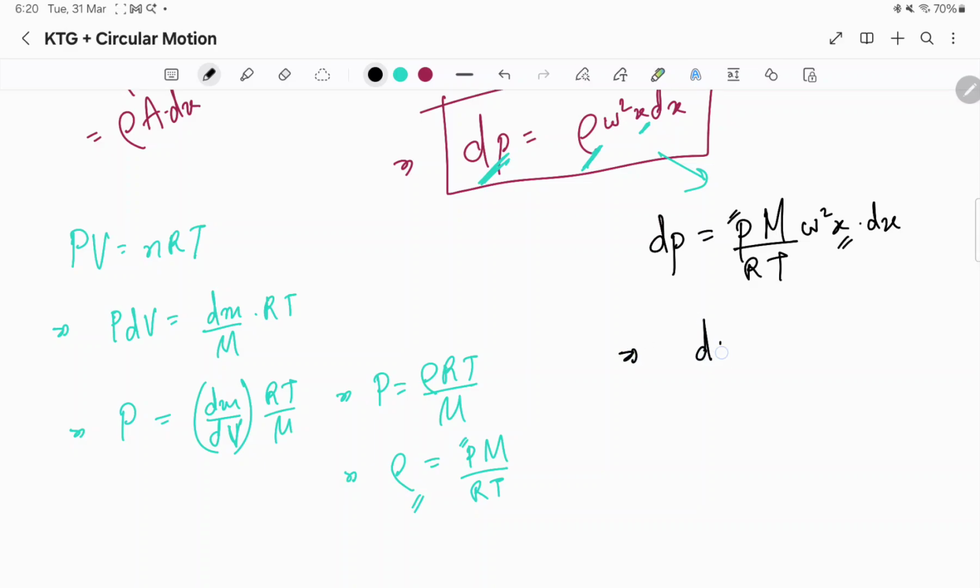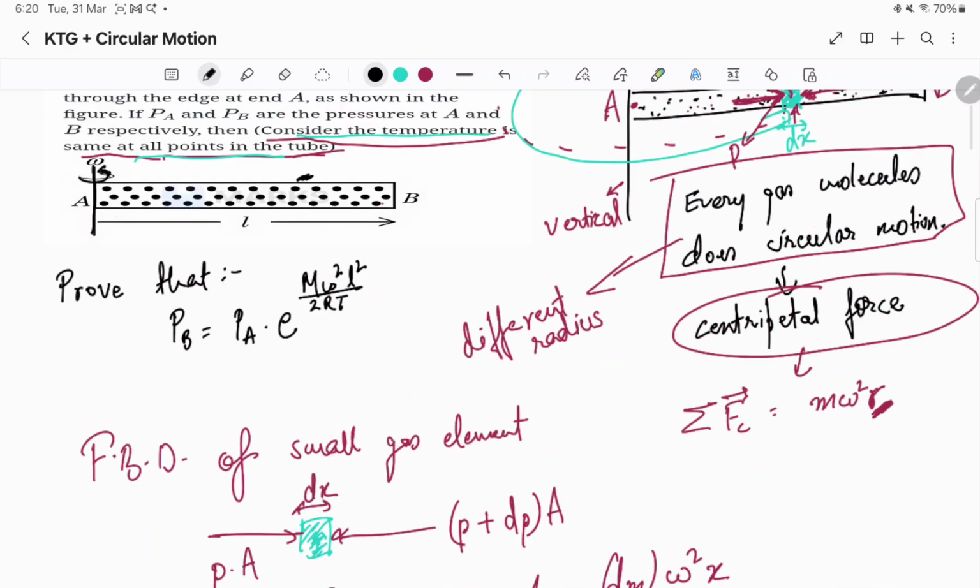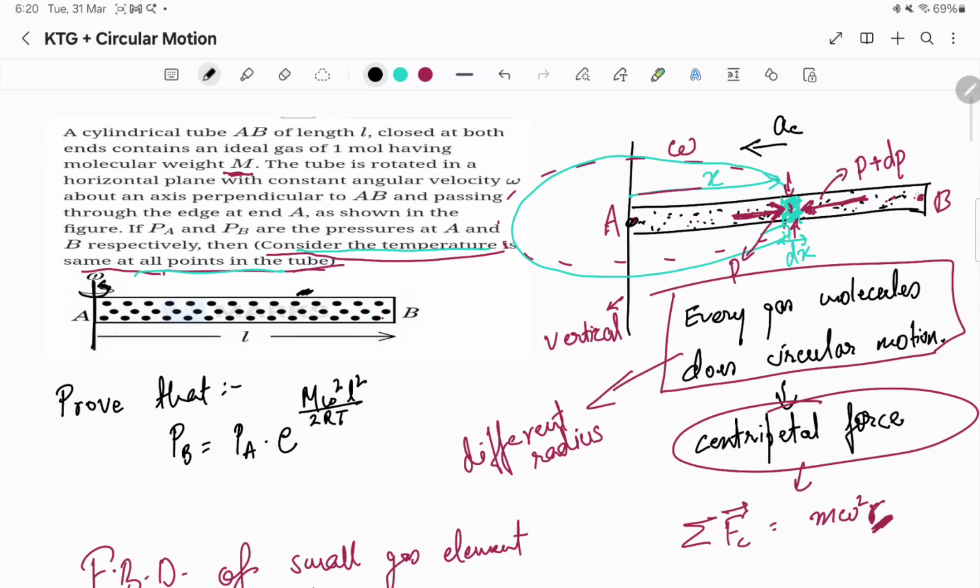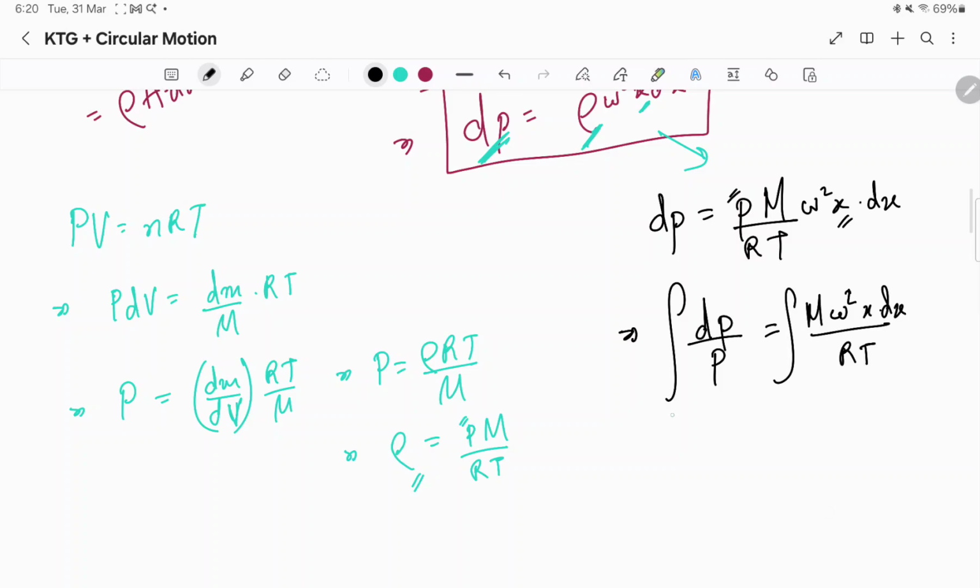What I get here is dP divided by P is equal to M omega square x dx divided by RT. We integrate both sides from the lower limit to the upper limit. The lower limit is point A, the upper limit is point B, so the pressure at A is PA and at B is PB.